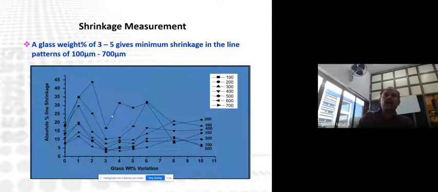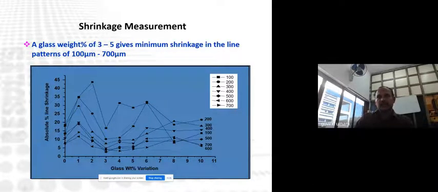So we have to find out the optimum value of glass where we require less shrinkage. In this case, what we observe is that around 3 to 5% of the glass shows this at various line and space.